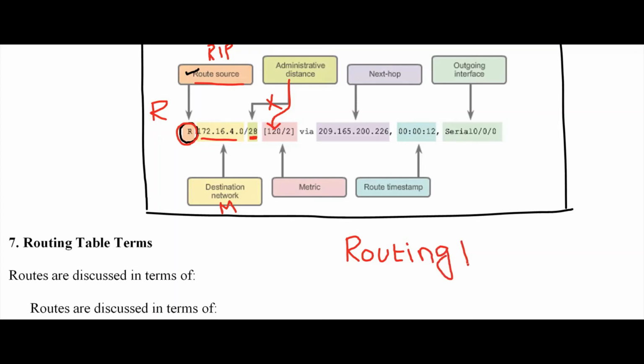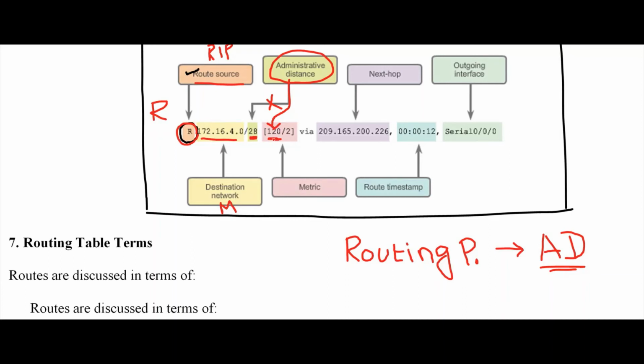Every routing protocol is going to have a value called AD, the administrative distance value. Now, for the RIP protocol, the administrative distance value is 120.